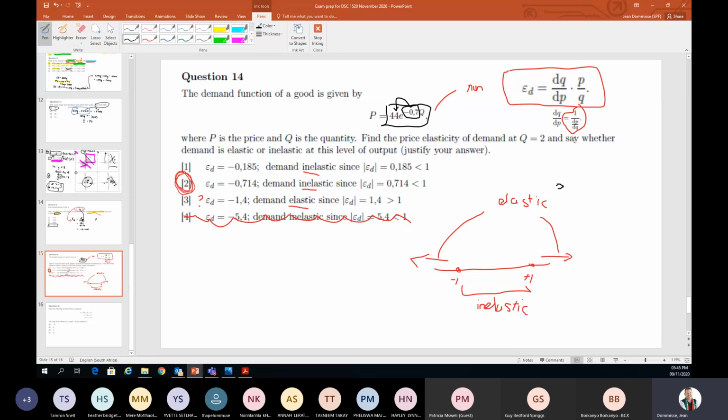So if we add e to the power of 2x, it became 2e to the power of 2x. So that is where the difference came in.